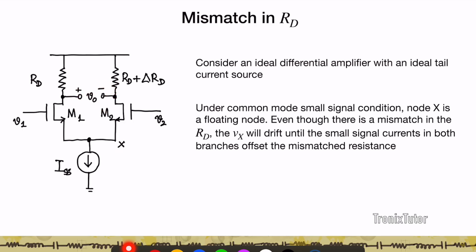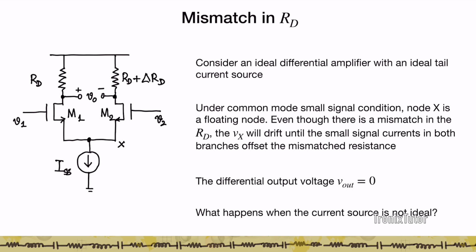Right? And that's because this Vx can move. There's nothing holding or pinning Vx down, because Vx is connected only to an ideal current source. Therefore, even though there is a mismatch in the two arms of the differential amplifier, there is no differential voltage when the same voltage is applied at both V1 and V2.